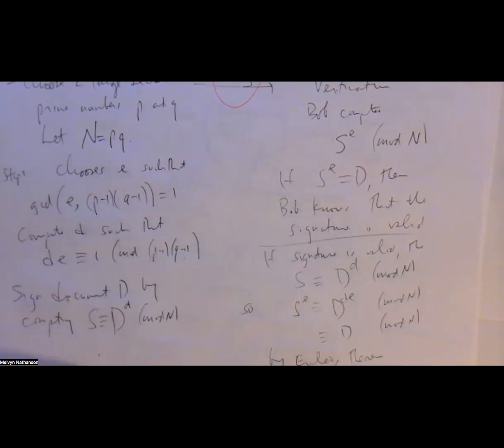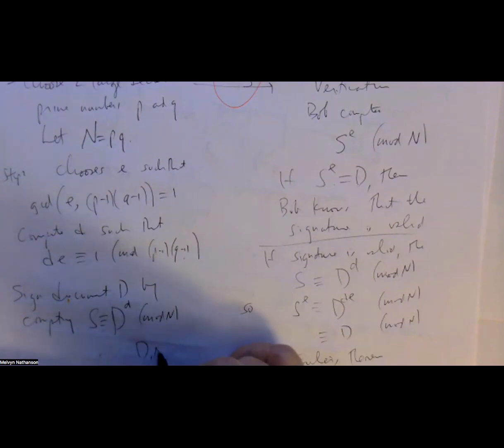Euler's theorem says that if D and N are relatively prime, then D to the (P minus 1)(Q minus 1) is congruent to 1 modulo PQ.